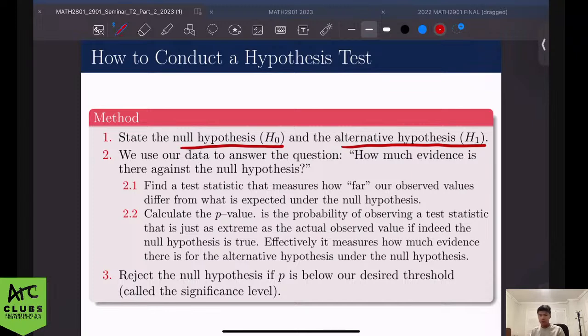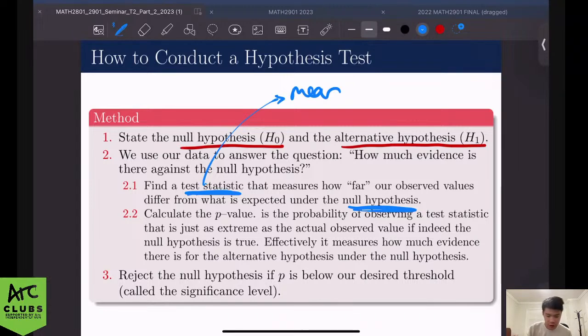So you take your data and aggregate it into a test statistic. Often it'll be something like the mean, because the mean is very representative of where your data is trending, and it measures how far your observed values differ from what you expect under the null. Then you calculate the p-value.